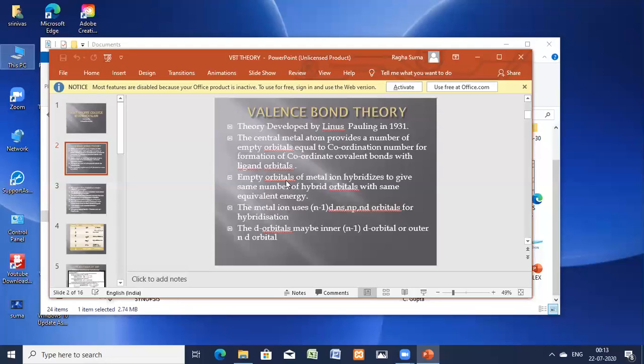For example, two empty orbitals will undergo hybridization, so 2 hybrid orbitals are formed. If 3 atomic orbitals hybridize, then 3 hybrid orbitals will form. So the empty orbitals of the metal hybridize to give the same number of hybrid orbitals, with almost the same energy.